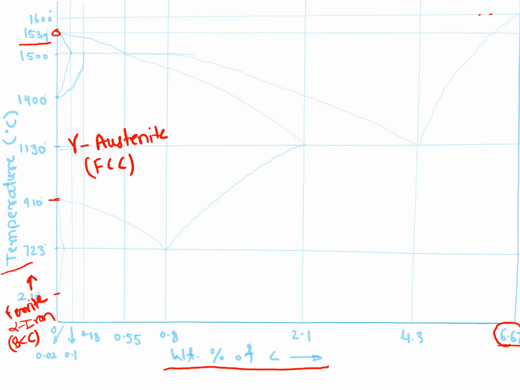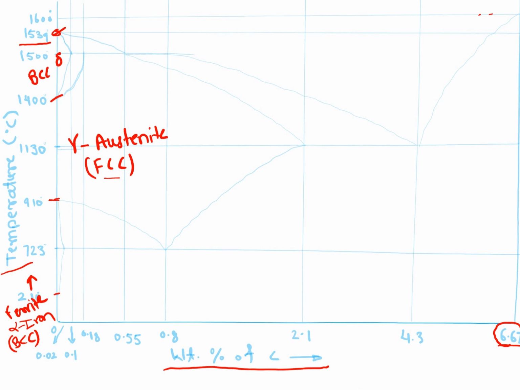Upon heating further, this FCC will change back to BCC. Here it is BCC in this region from 1400 to 1539. This iron we call delta.